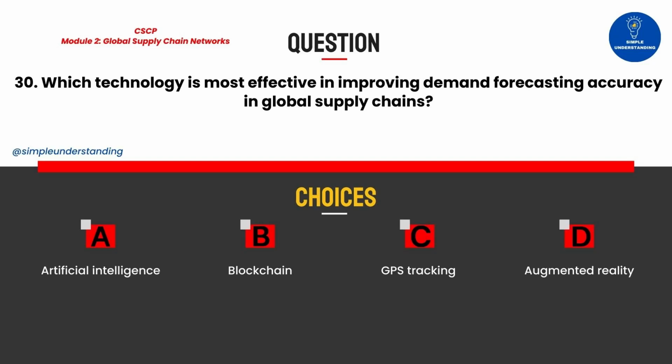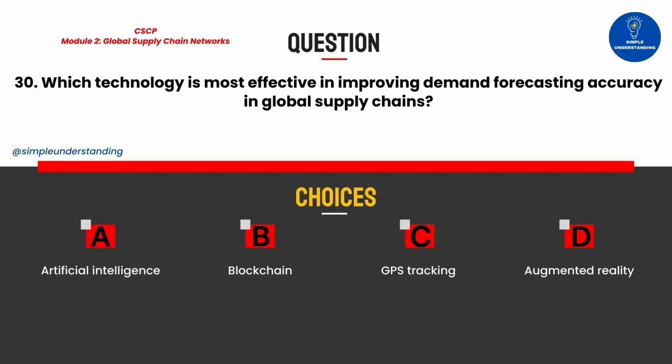30. Which technology is most effective in improving demand forecasting accuracy in global supply chains? A. Artificial intelligence. B. Blockchain. C. GPS tracking. D. Augmented reality.